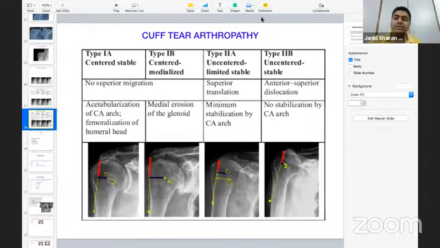The other thing he has asked is about the role of CT scan in a rotator cuff tear. Is there any role? Usually when there is a lot of medialization of the humeral head and you are planning for reverse shoulder arthroplasty, then you can ask for a CT scan to look at the status of the glenoid.